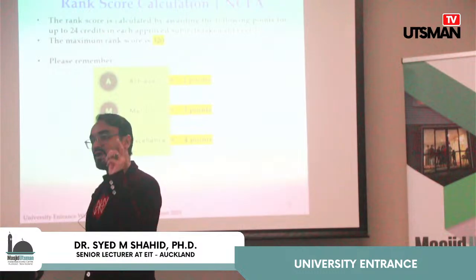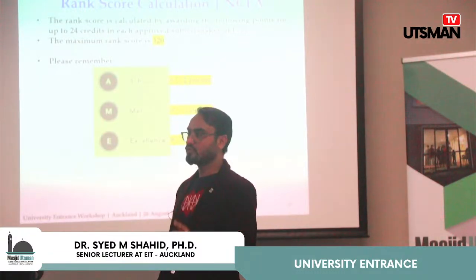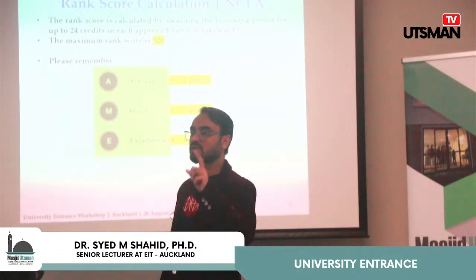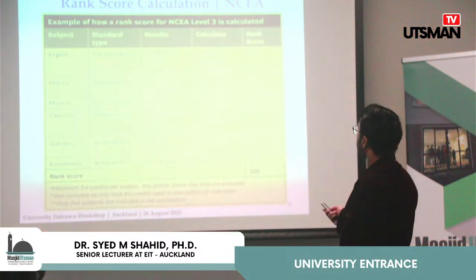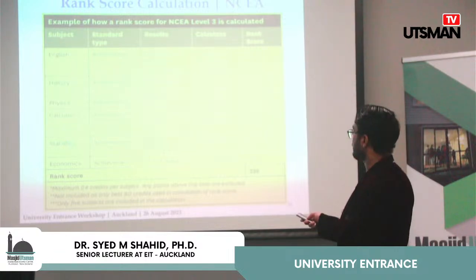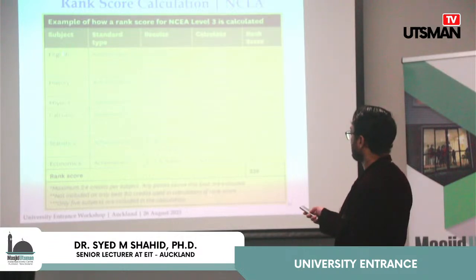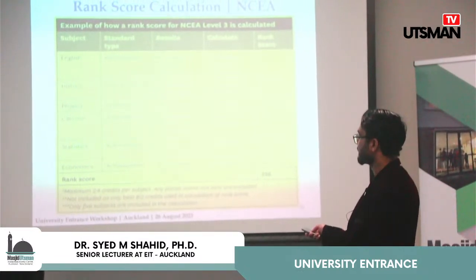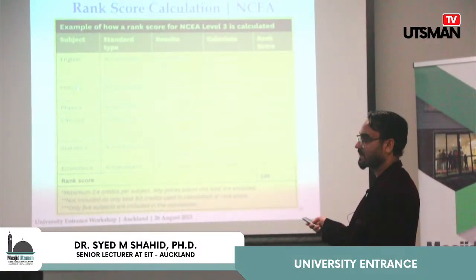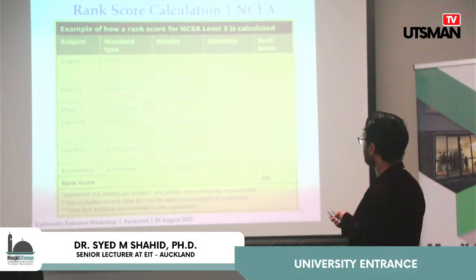So again, the point is, when you start, you have to plan. It's not the last day. So this is an example of how you calculate. For example, 5 subjects: English, history, physics, calculus, stats. 6 subjects, but as I said, they take the best 5, and they calculate like this.